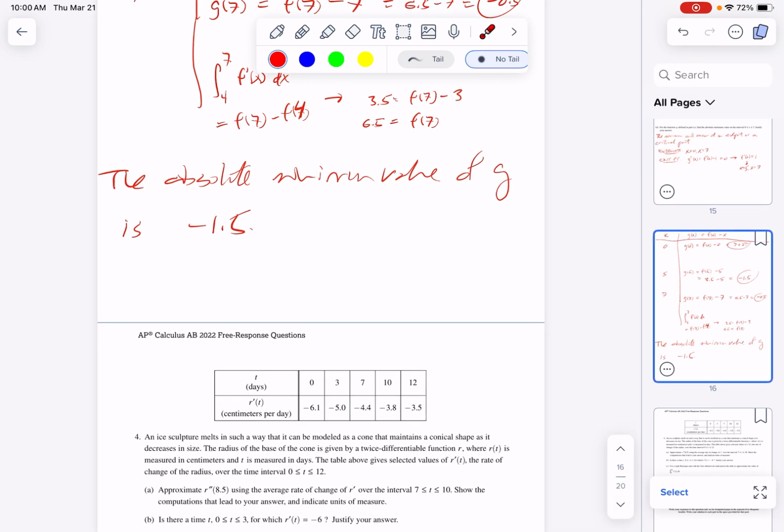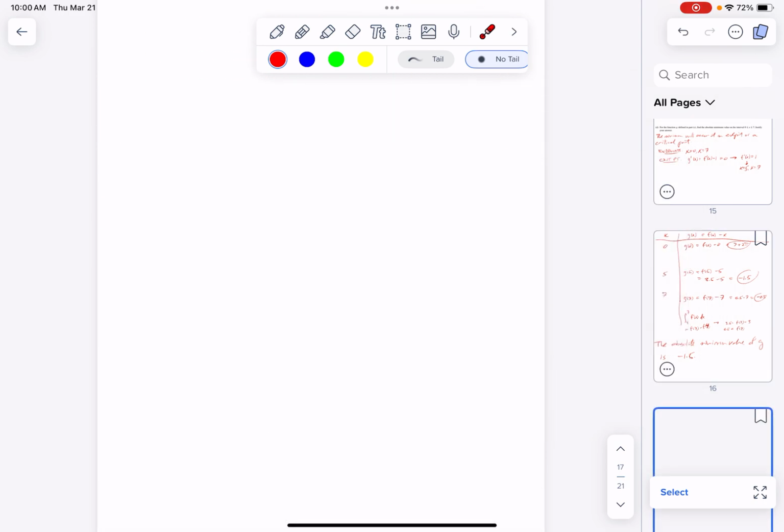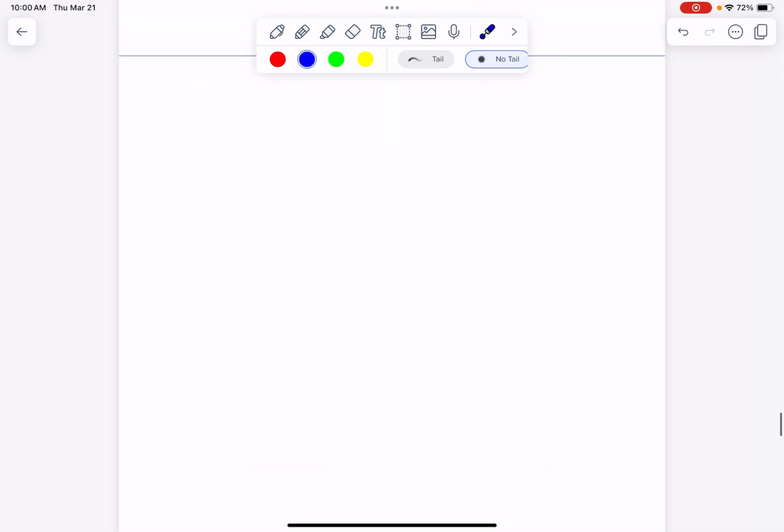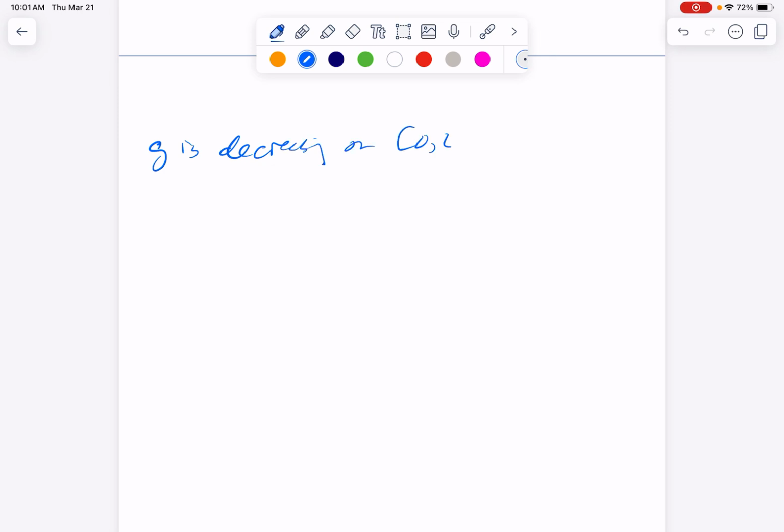I'm just going to make this as a note because I have already solved this. Something you could note is you could say g is decreasing on the interval from 0 to 5 and increasing on the interval from 5 to 7. And it's a continuous function.